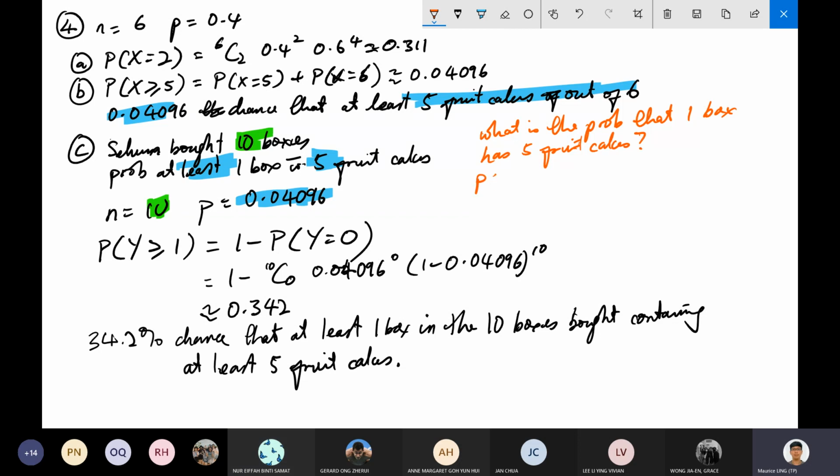Okay, then you just take y equals 1, then it will be 10 choose 1, and here will be 0.04096 to the power of 1, times 1 minus 0.04096 to the power of 9. Okay, understood. Yeah. Thank you.